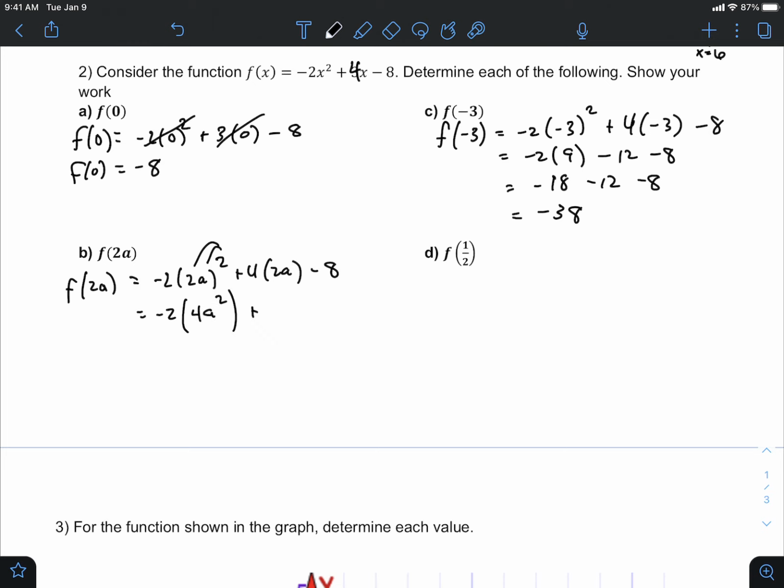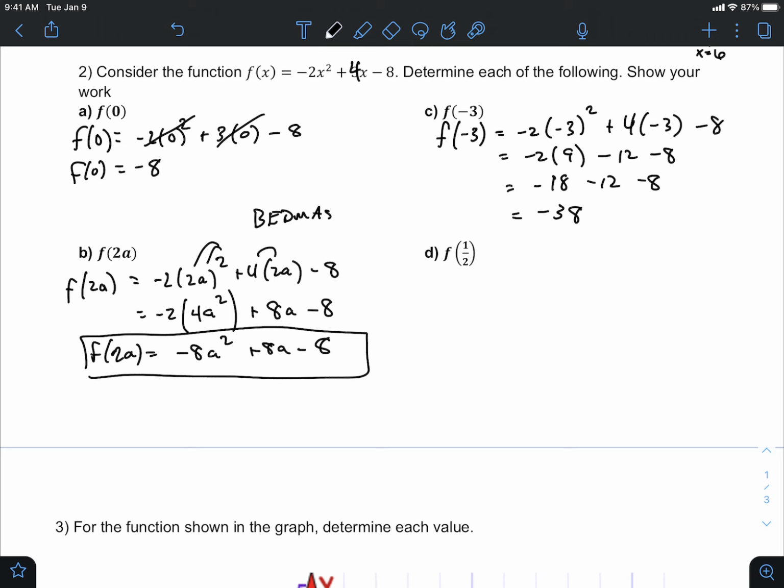And remember, I'm doing it in that order because I'm following BEDMAS, where exponents come before multiplication and division. So I distributed that exponent into the inside of the brackets, and then I got 4a squared. Plus, now you can distribute that out to be 8a minus 8. Are we happy? That'll be the value of f of 2a, evaluating f of x when x is 2a.